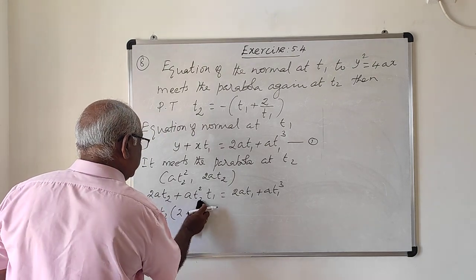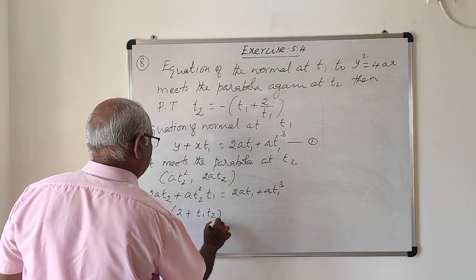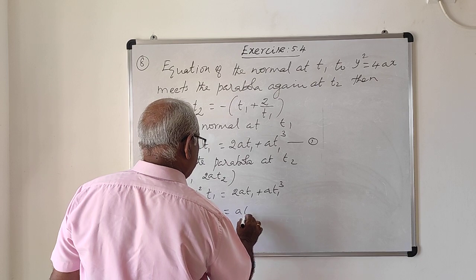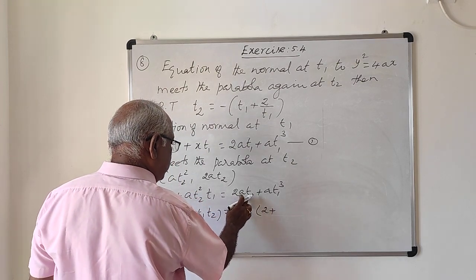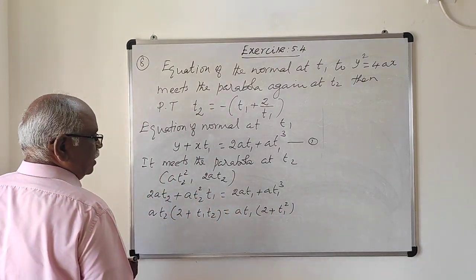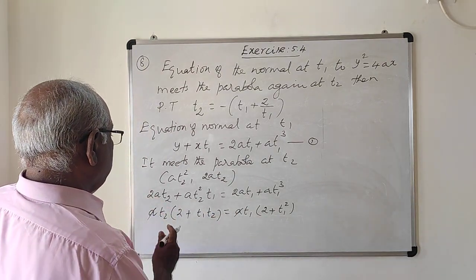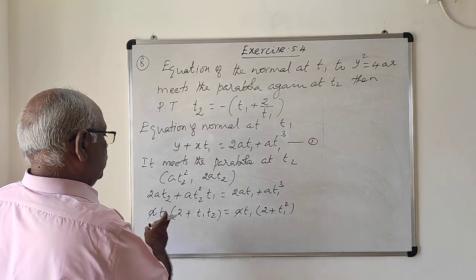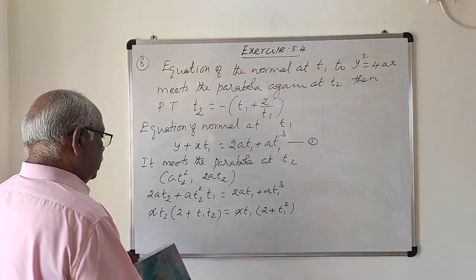On the right-hand side, taking a t1 as a common term, we get a t1 times (2 plus t1 square). Then a cancels on both sides.